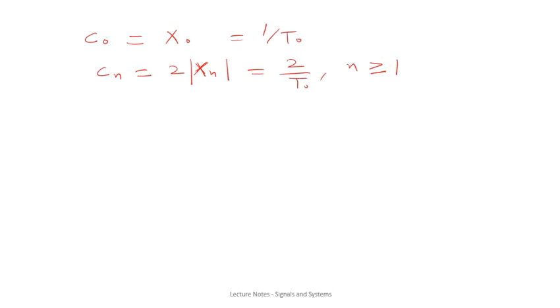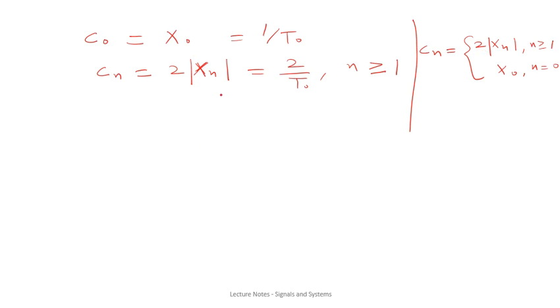So this is obtained by using this formula, that Cn will always be equal to twice xn if n is greater than or equal to 1, and if n equals 0, it will be equal to x naught. So C naught will be equal to x naught and Cn will be equal to twice xn.